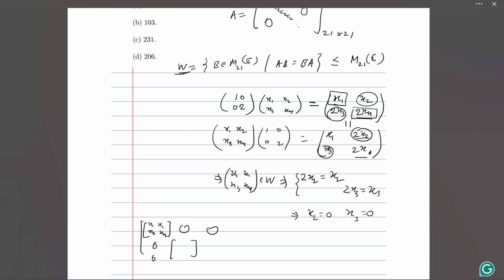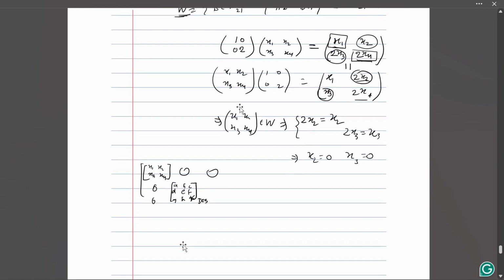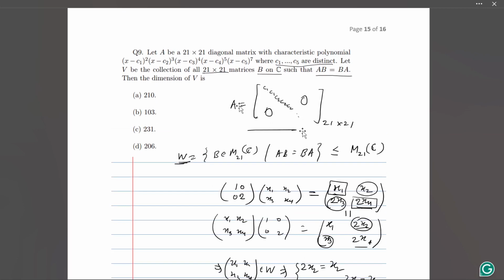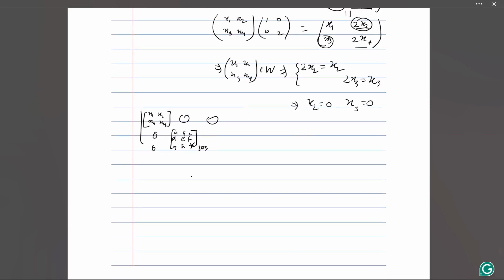Next, the 3 cross 3 block where A, B, C, D, E, F, G, H, I: if you multiply from left, this block remains the same, but everything else is 0.